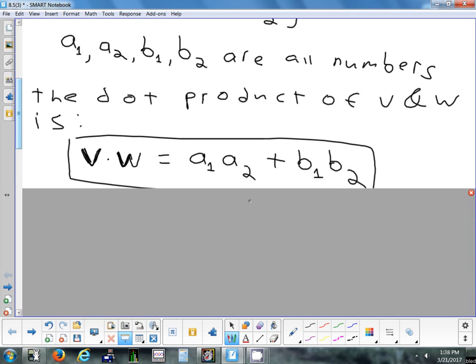So what I just showed you is how to multiply a vector times a vector. We've never done that. We've multiplied a number times a vector, which is just scaling a vector. That's a little different. This is multiplying a vector times a vector, specifically using what's called a dot product.